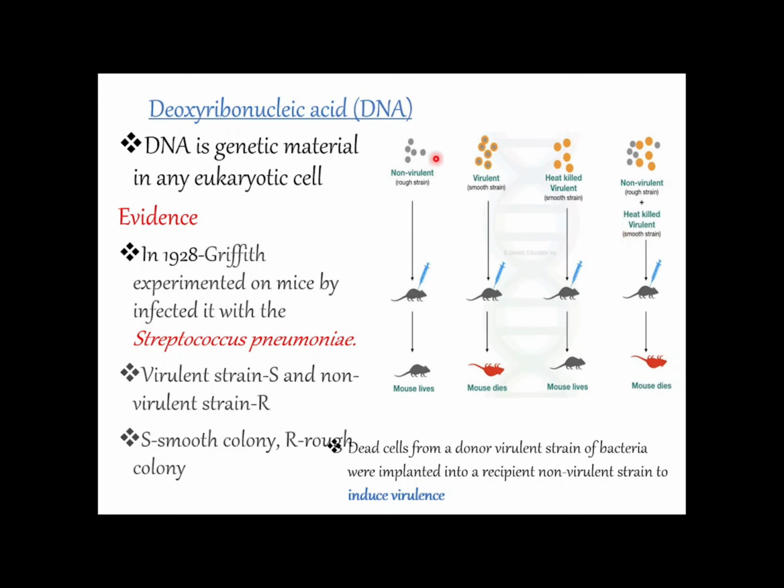Because with the non-virulent strain, mice survived, but with the virulent strain, mice passed away. So there is something which is transformed from the heat-killed virulent strain to the non-virulent strain. Because of that, the mice died. That is what we call transformation. There is some structure which is responsible for the process of transformation.